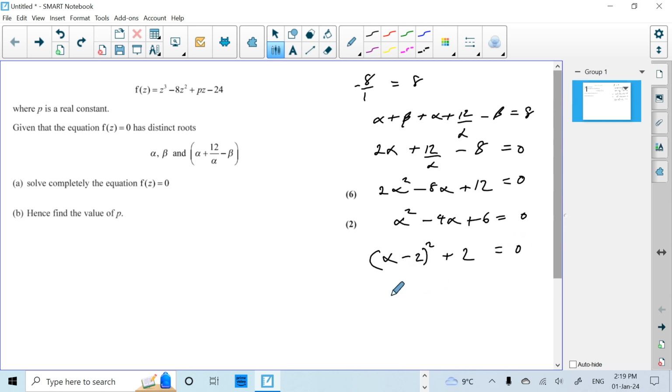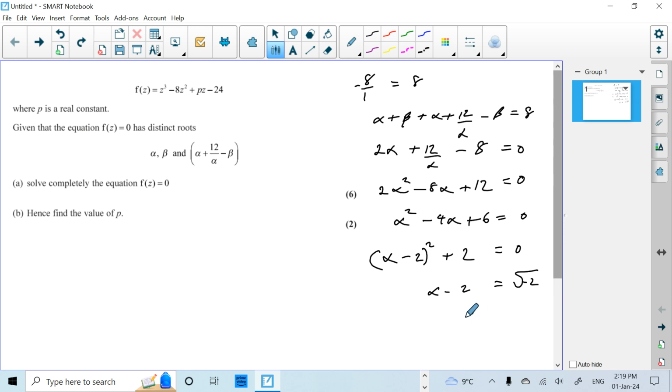So make the square, then complete it. That will give me alpha minus 2 all squared plus 2 equals 0. Then I can say alpha minus 2 is equal to the root of negative 2.